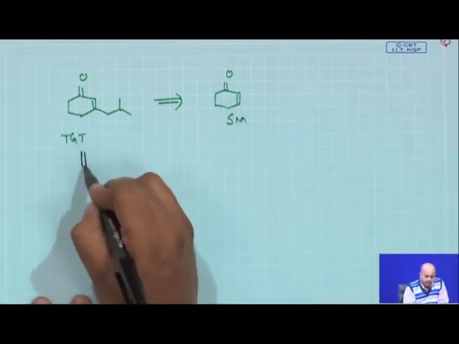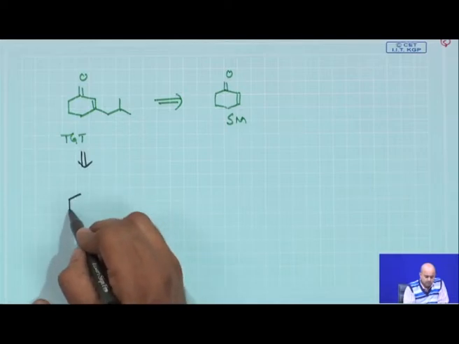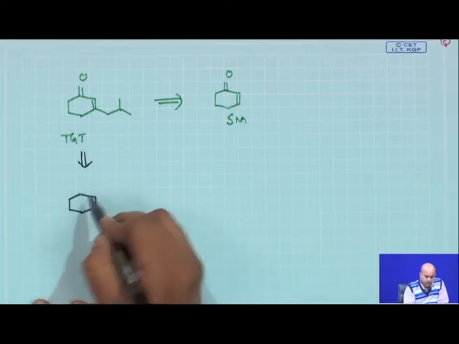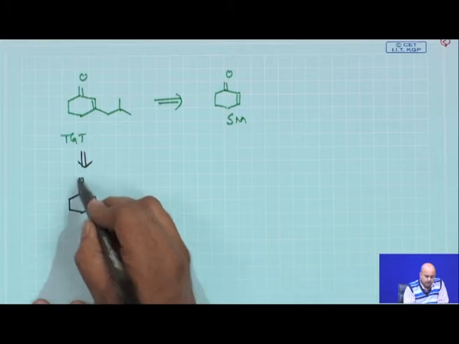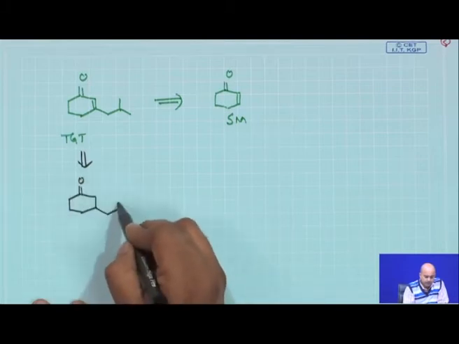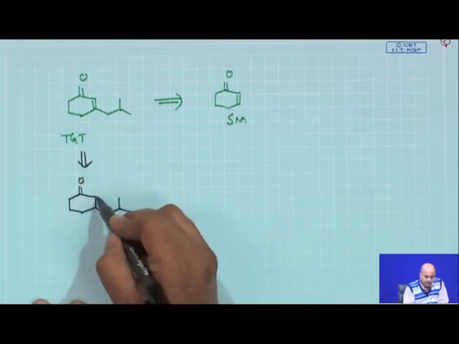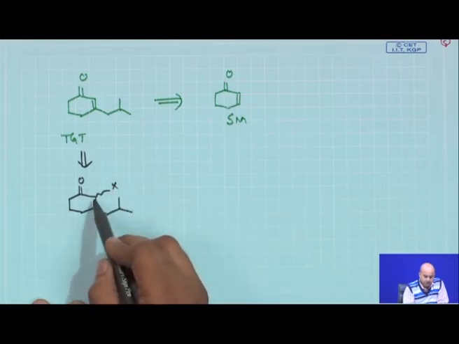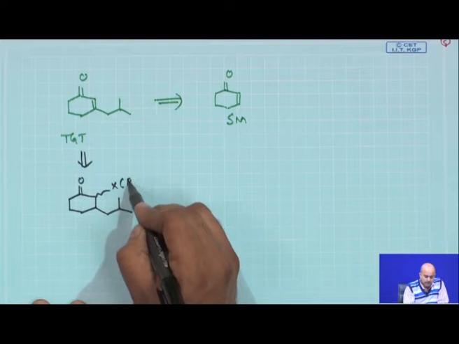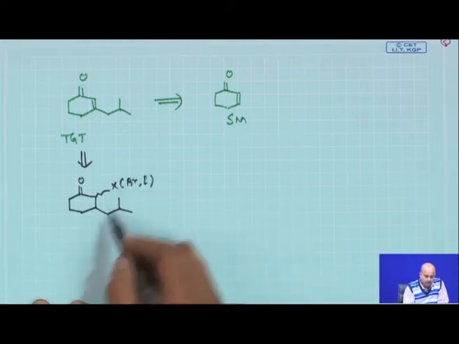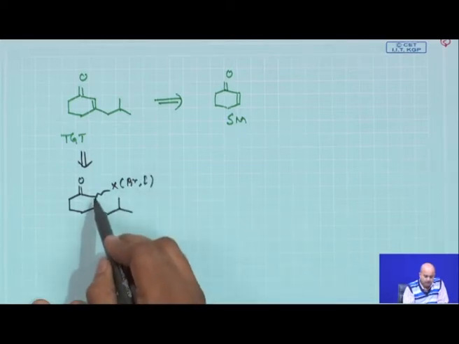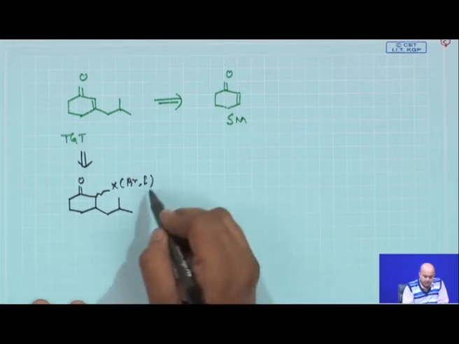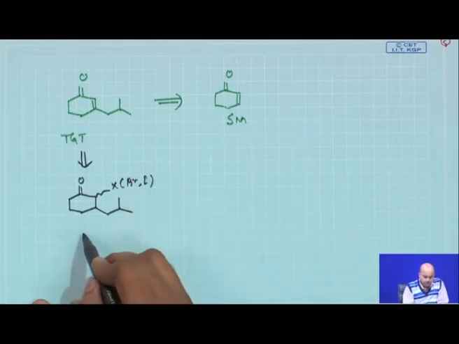Naturally, in reality you can do a very straightforward retro. You say that okay, I will be having this compound. So, if somehow you can have an X here, where X means Br or iodo or something else, you can do an elimination here. That is definitely possible.